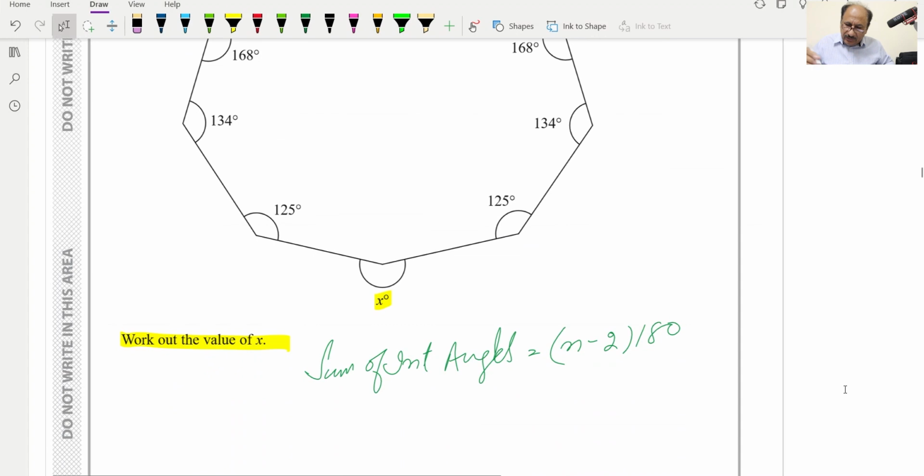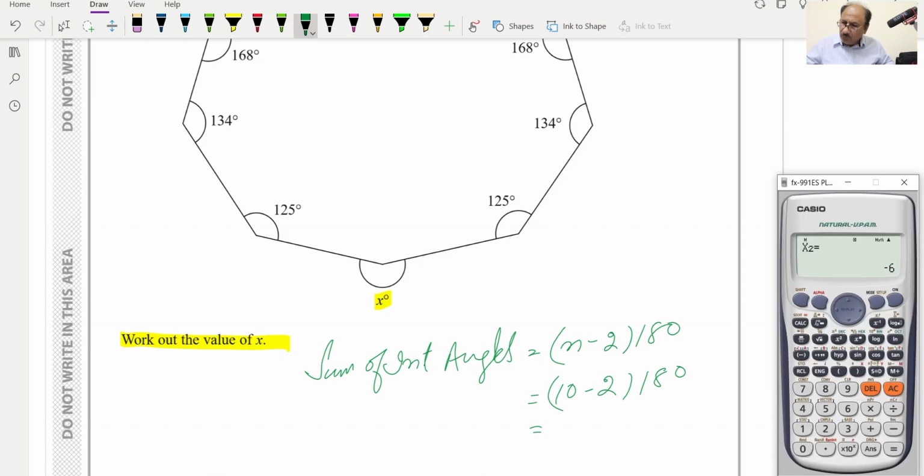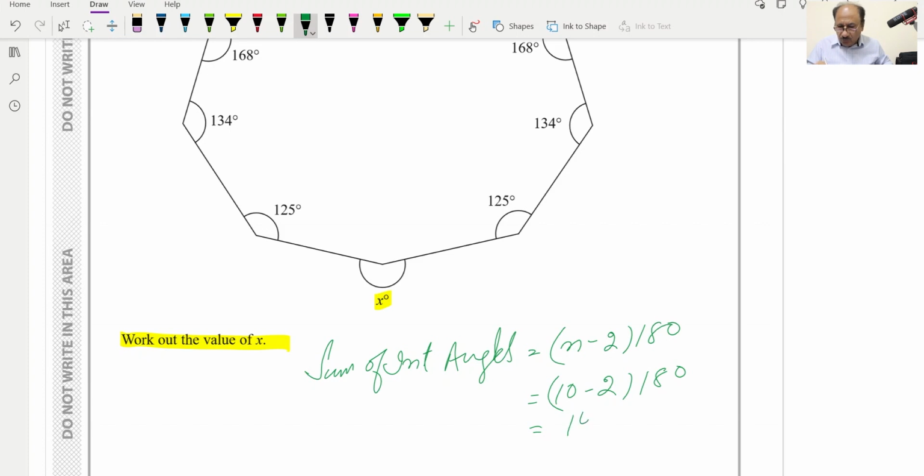So it will be 10 minus 2 multiplied by 180. This will be 8 into 180, so 8 multiplied by 180 is equal to 1440. So 1440 degrees is the sum of interior angles.